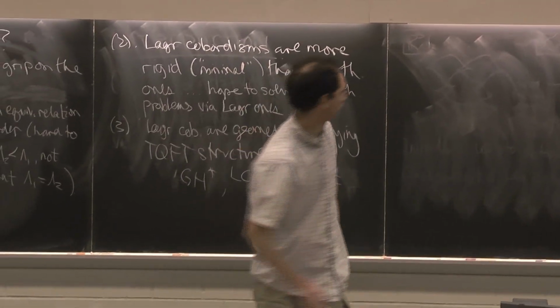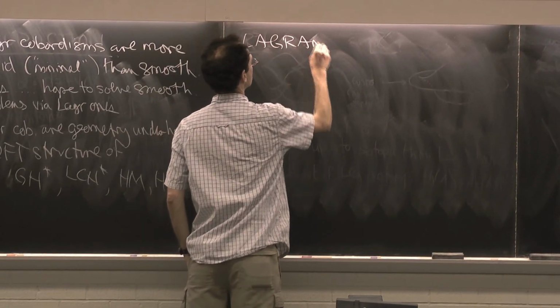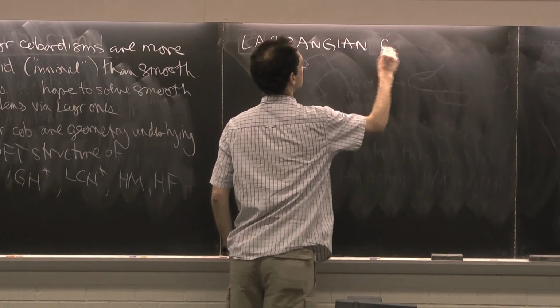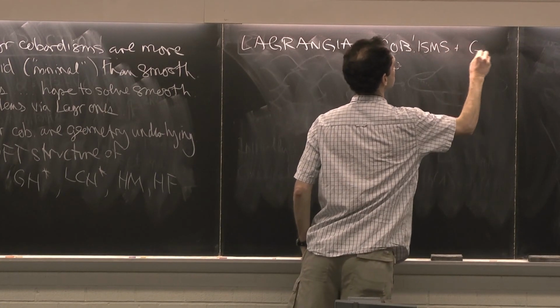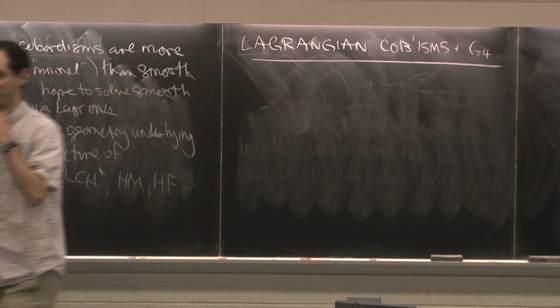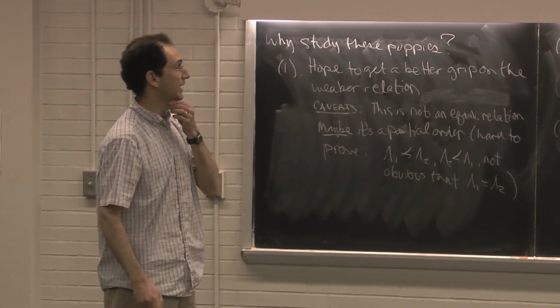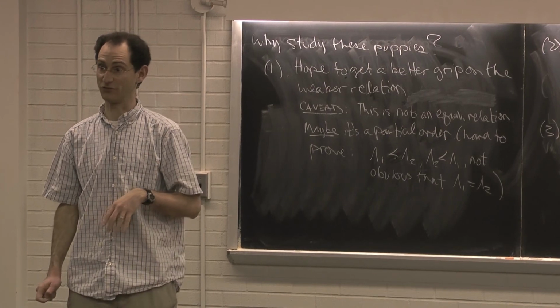Okay, so let's go on to the second part of the talk, which will be to discuss constructions of Lagrangian cobordisms, and to apply them to do some computations of four genera of knots in R3.